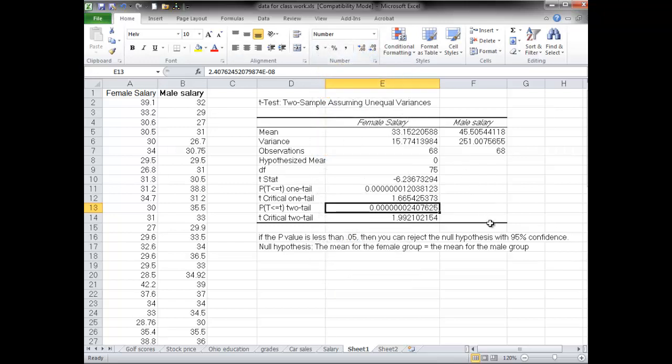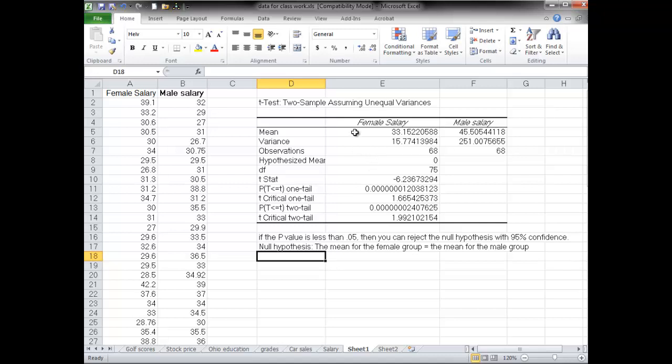This number is actually this. This is very, very small. It is definitely smaller than 0.05. So we are going to reject the null hypothesis that the mean for the female group is equal to the mean for the male group. We are going to conclude that the averages of the two groups are not actually the same.